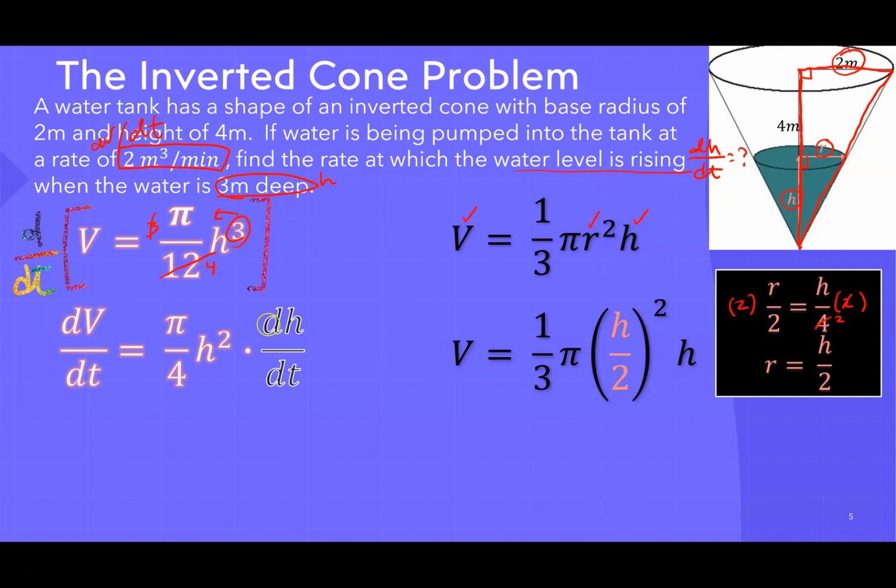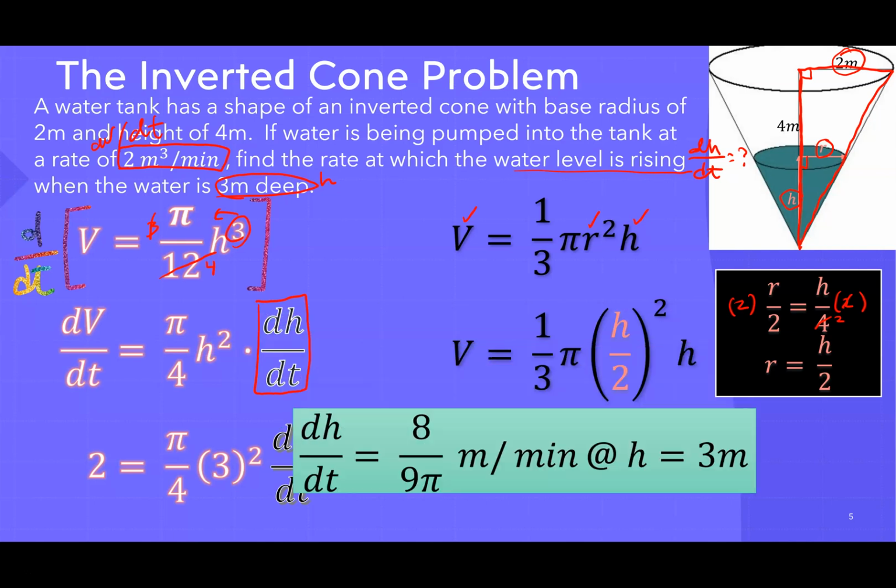That's the implicit differentiation. We're solving for dh/dt, so we have to plug in the information that we know, with dV/dt being 2 and h is 3.